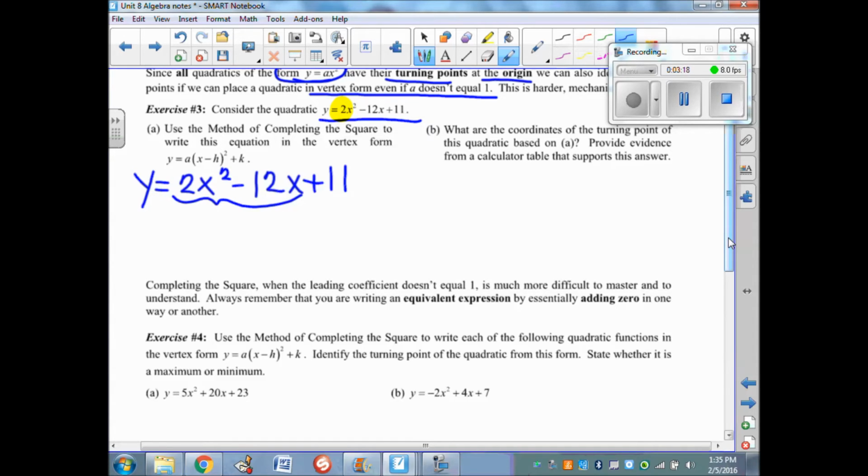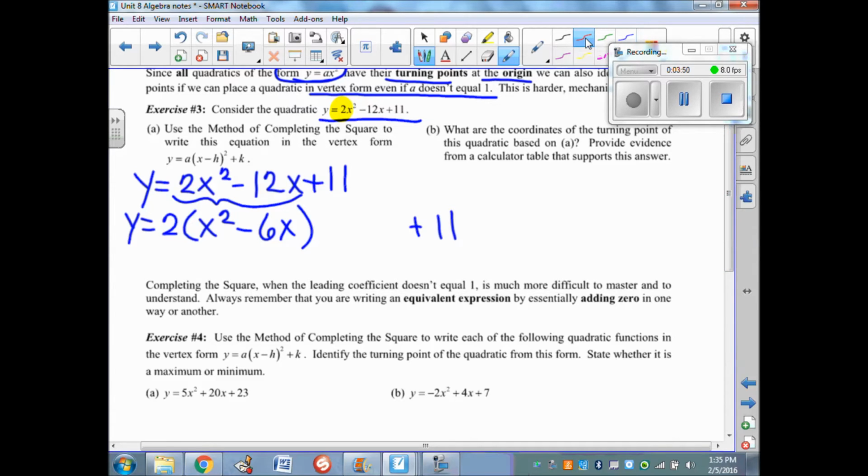Now it's not a greatest common factor, we're just going to say it's a factor that we need to not eliminate, but bring out in front. So now that x squared minus 6x is more like the binomial we were dealing with yesterday when we were completing the square. And I'm still going to shove that constant of plus 11 over to the side.